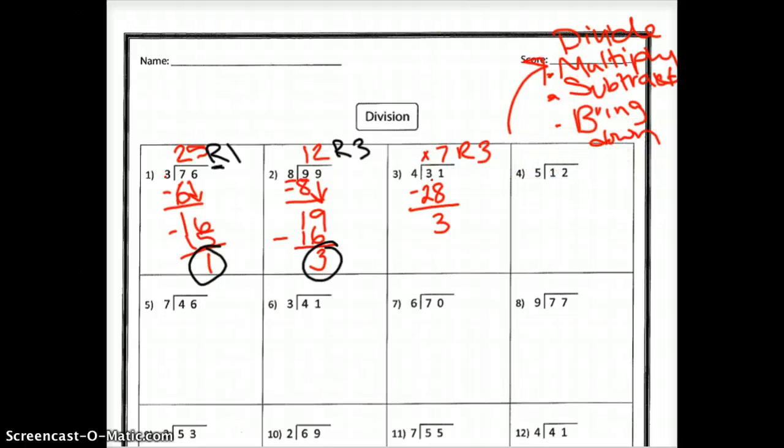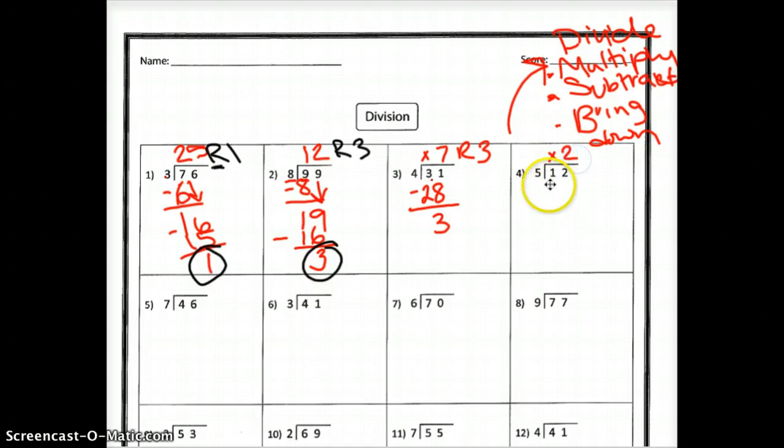Alright, let's look at our next problem. 12 divided by 5. Okay, look at my first digit. 1 divided by 5. 5 does not go into 1, so I place an X above the 1, and I do 12 divided by 5. So how many times does 5 go into 12?